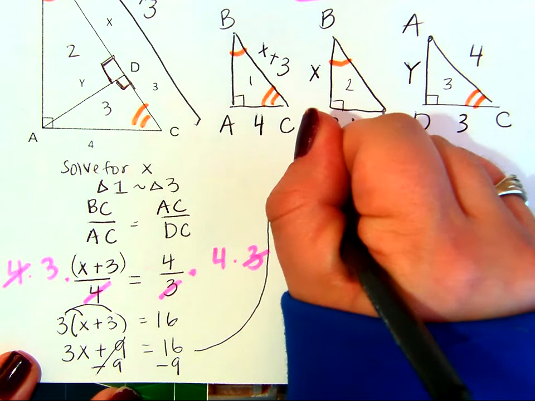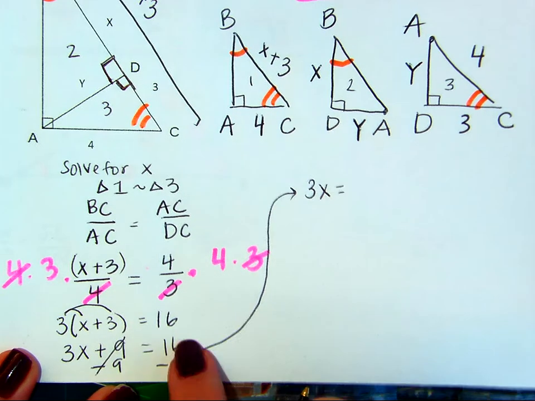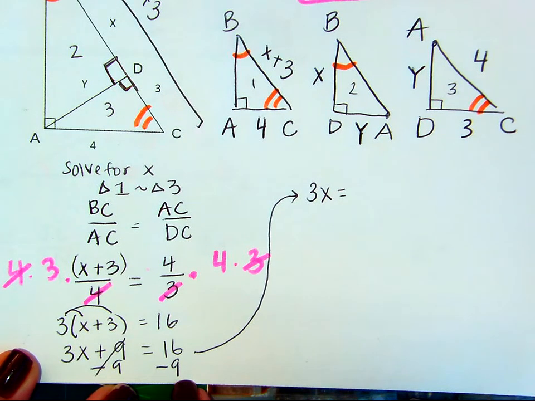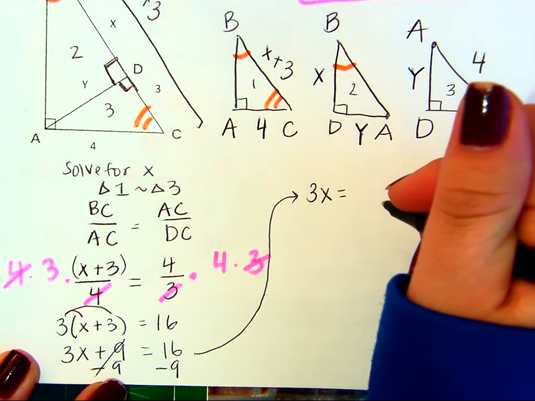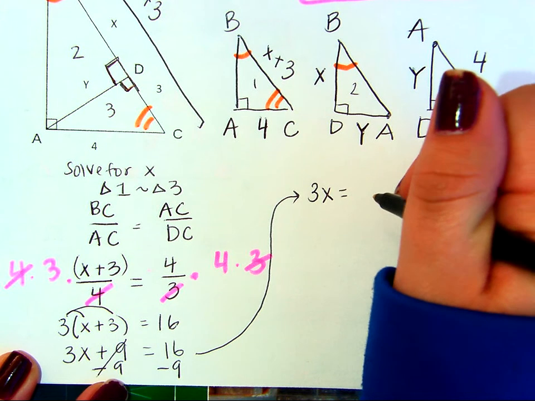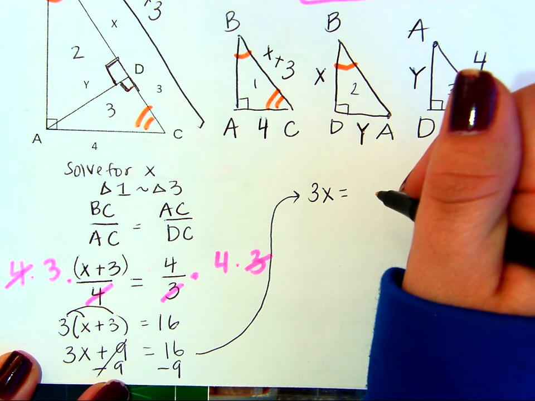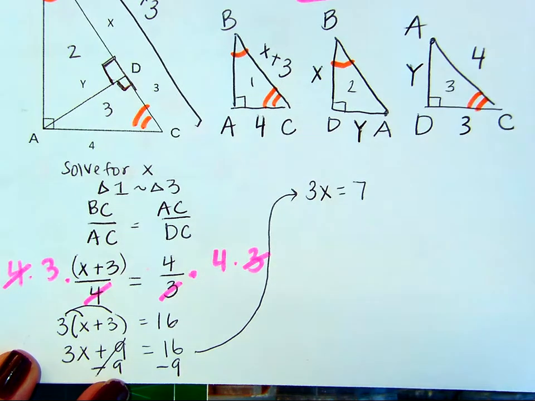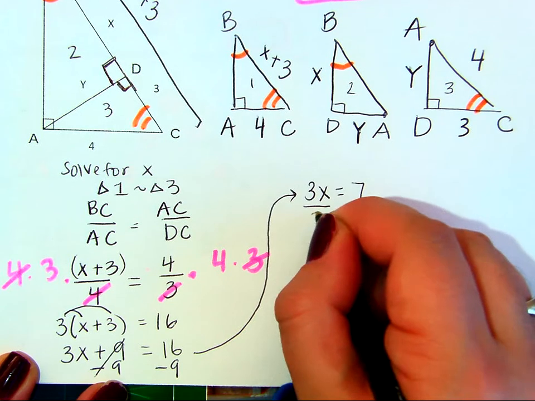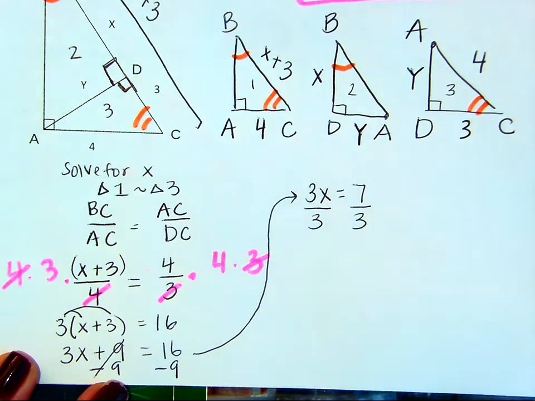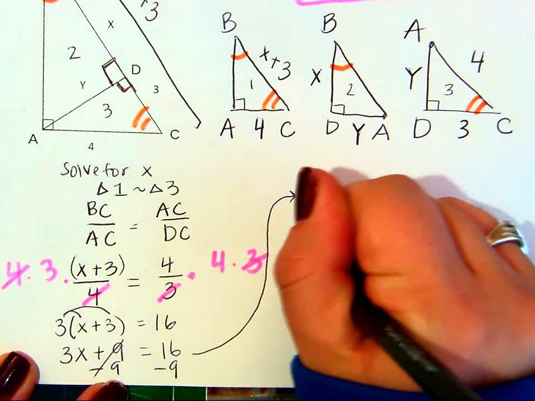3x equals 16 minus 9, which is 7. Divide both sides by 3. So x equals 7 over 3.